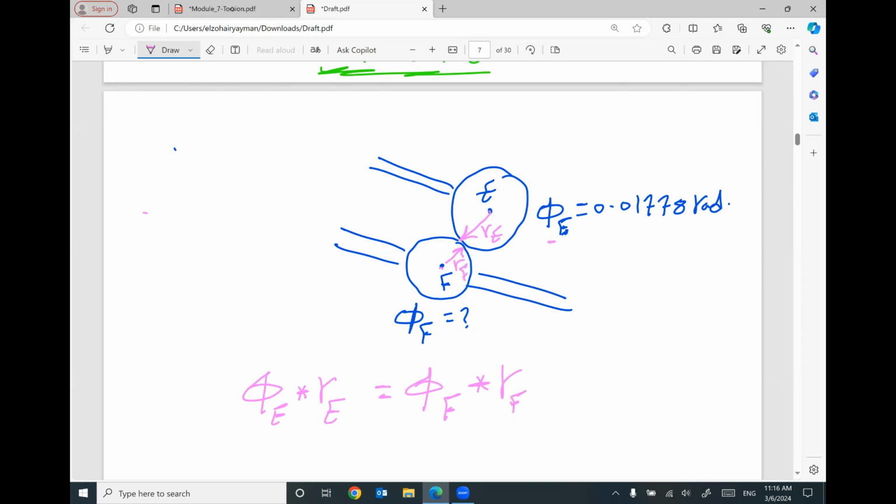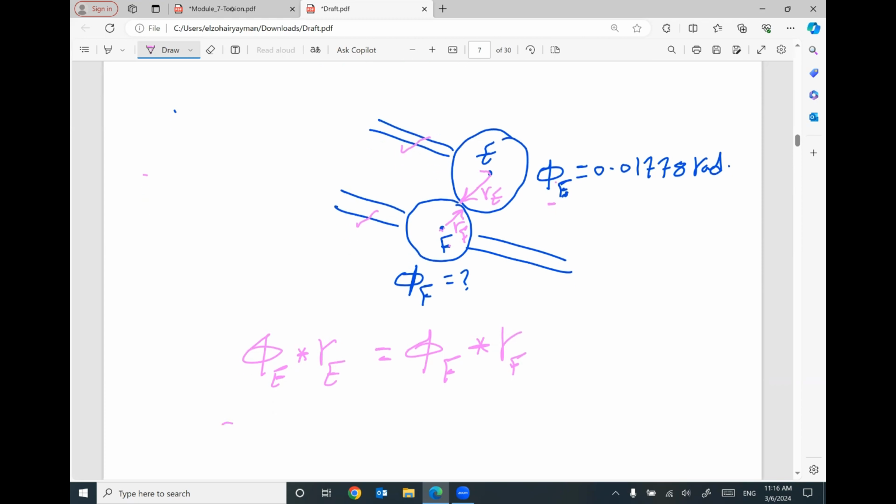So, one more time, this angle phi is the angle of twist of the shaft at gear E. How can I convert it to another angle of twist for the second shaft at gear F? Since the two gears are connected and rotating together, I can convert this angle of twist this way. The angle of twist here times its radius equals the angle of twist here times the gear radius.